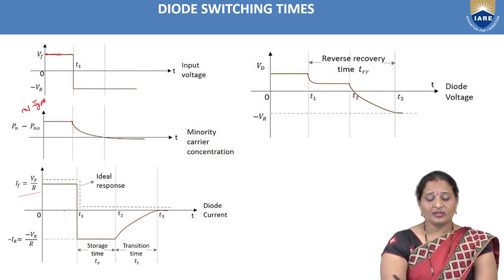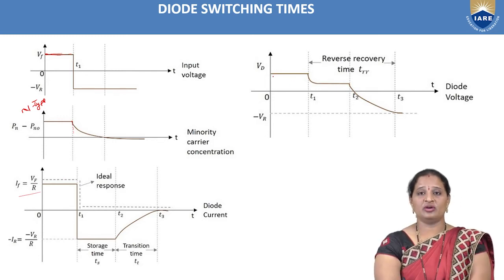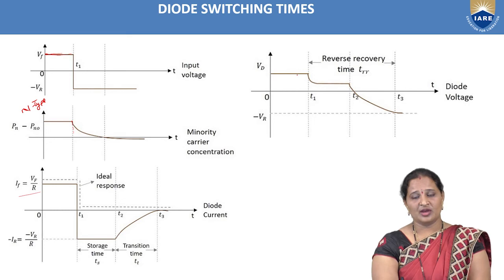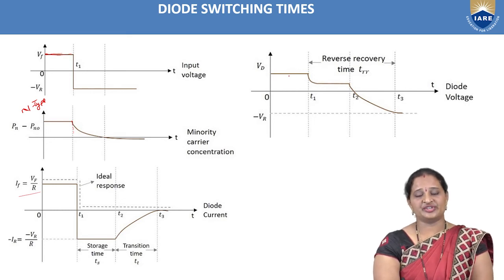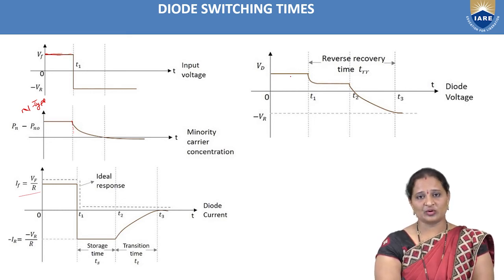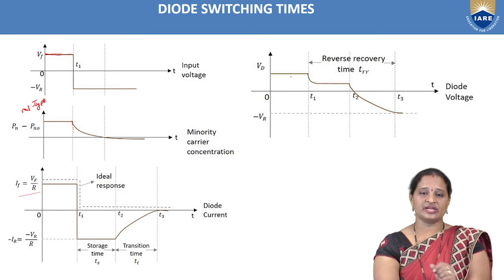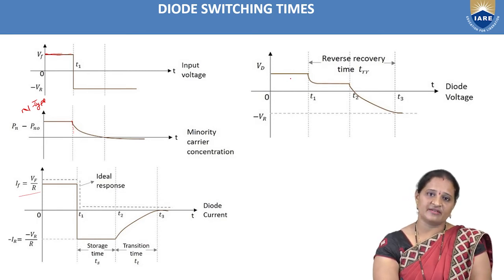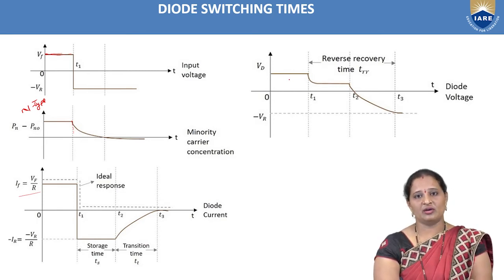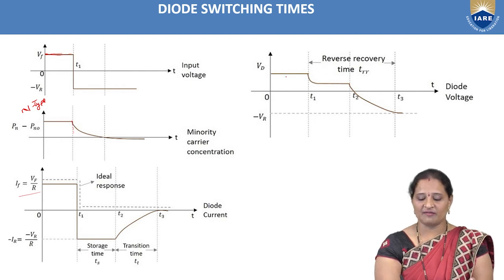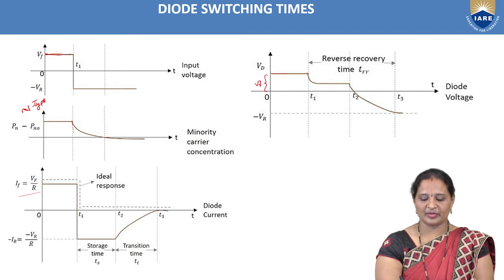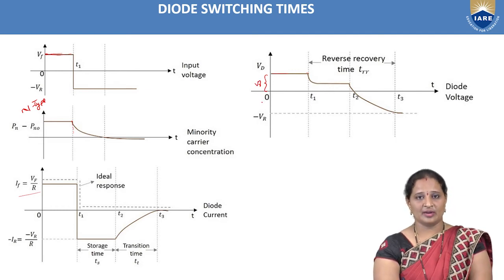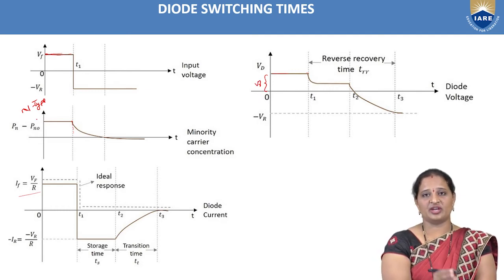The voltage drop across the diode, Vd, under forward bias condition is small. It is approximately equal to the cut-in voltage of the diode, 0.7 for a silicon diode and 0.3 for germanium. This is nothing but V gamma. So this is before T1.